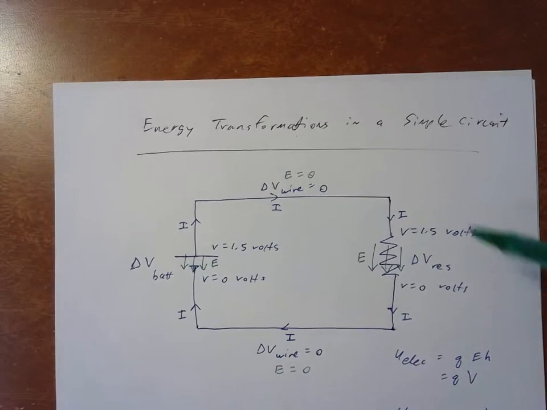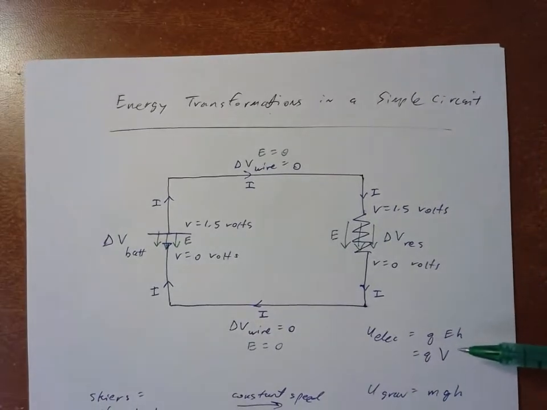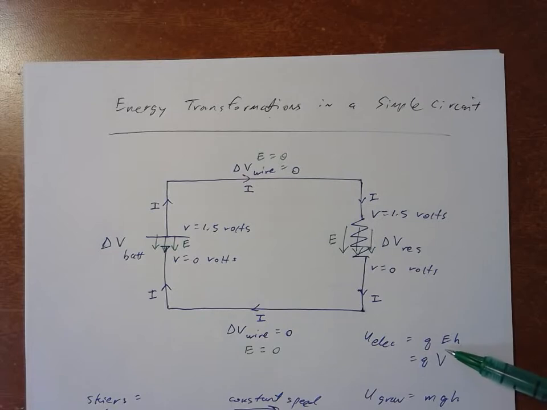Okay, so we were going to talk about energy transformations, and so we're going to use the basic relationship that the electric potential energy of a charge in an electric field is Q, which is the amount of charge, times E, which is the magnitude of the electric field, times H, which is the height in that electric field.